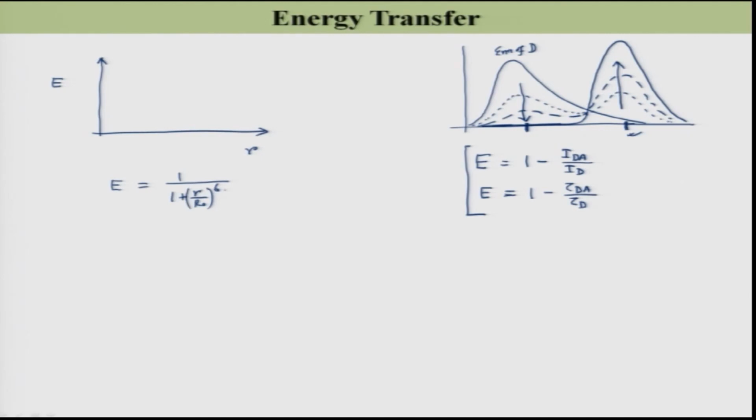So let us take a value when small r equal to 0, here is my r. So it is over here. 1 plus 0 to the power 6, and that inverse, so this is equal to 1. So this value will be equal to 1.